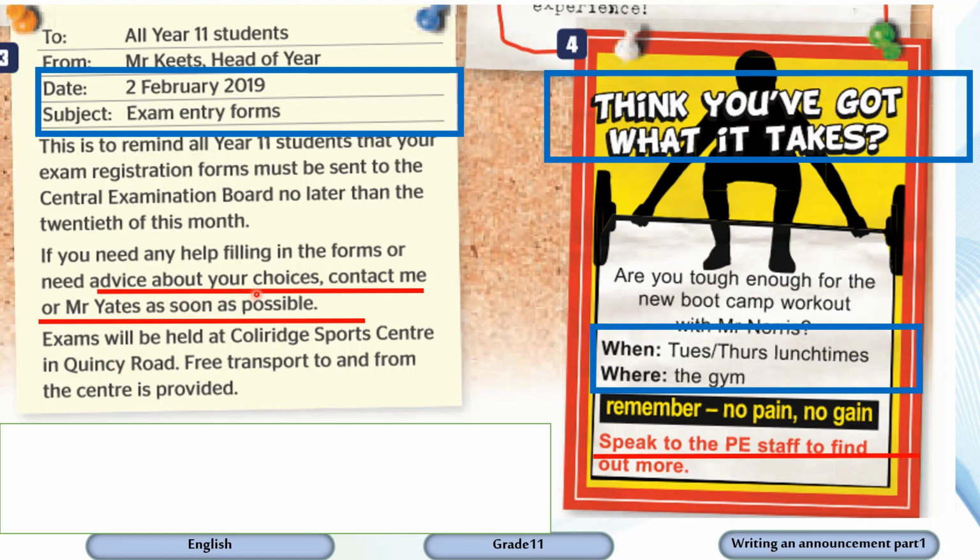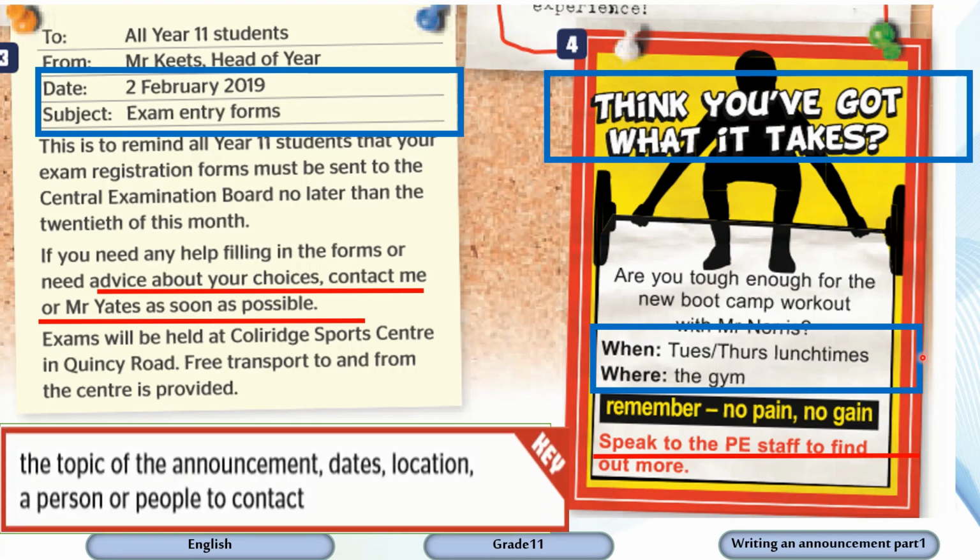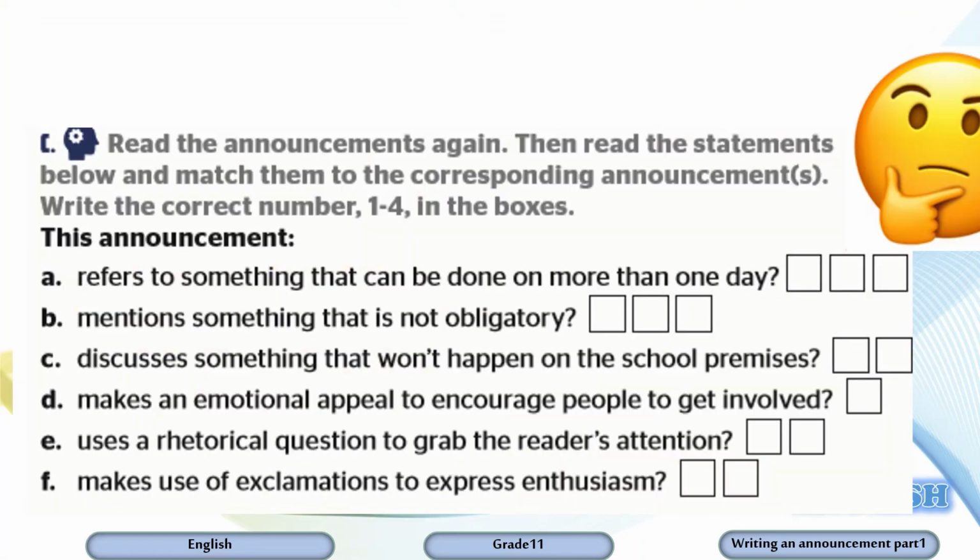So if you need advice about your choices, contact me or Mr. Yates as soon as possible, or speak to the PE staff to find out more. So these are the people to contact. Okay, so the topic of the announcement, dates, locations, the person to contact are the common details between the 4 announcements.